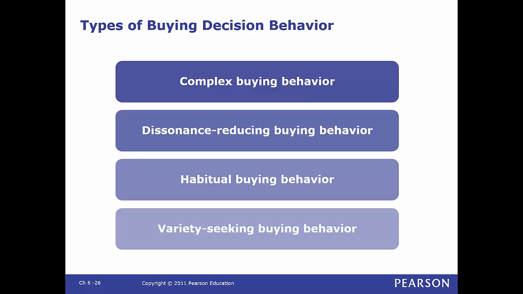So now, after we discussed some of the psychological factors affecting consumer buying decision, we will now discuss the different types of buying decision behavior. It's worth saying that we have 4 different types of buying behavior, and those 4 types depend on 2 important factors.